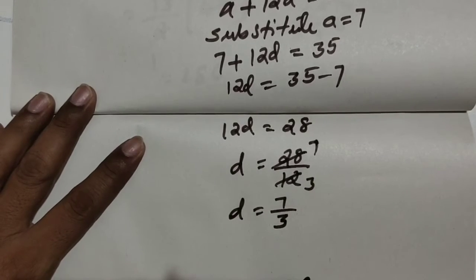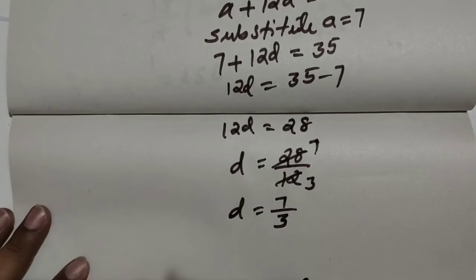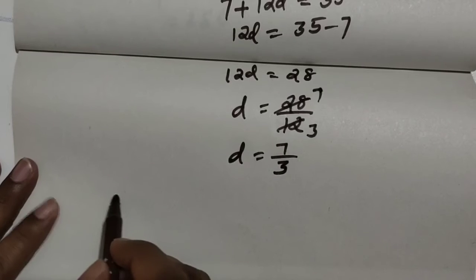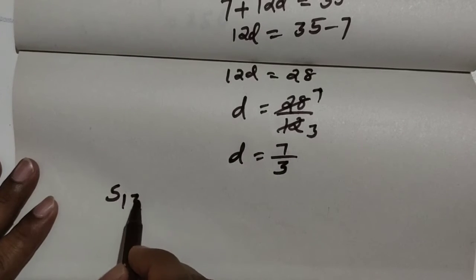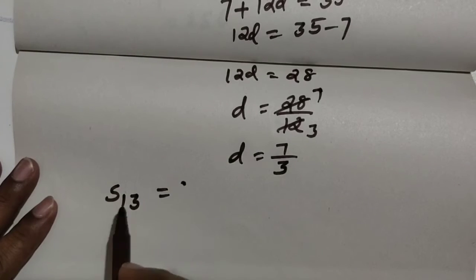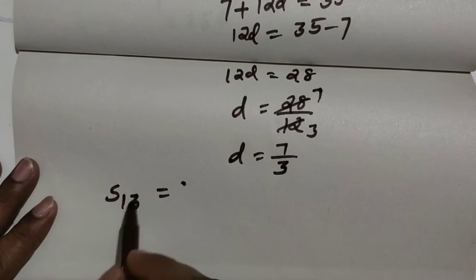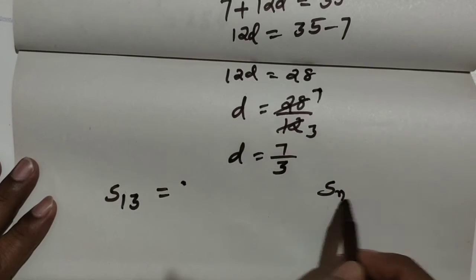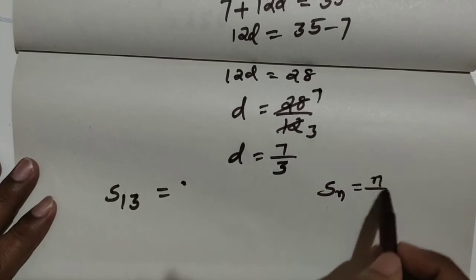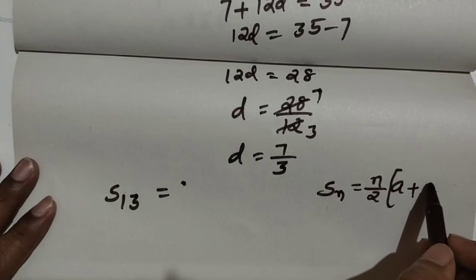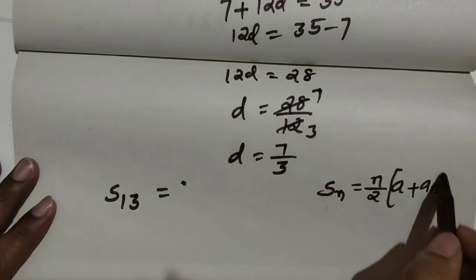Okay, now we have to find S13. Again we can use the same Sn formula. What is the Sn formula? Sn is equal to n by 2 into A plus An, or L, we can write An also.